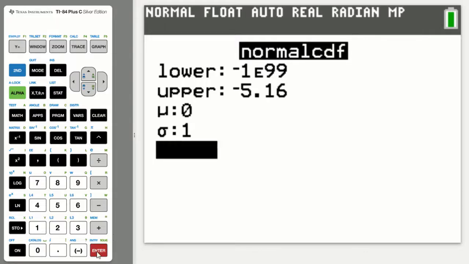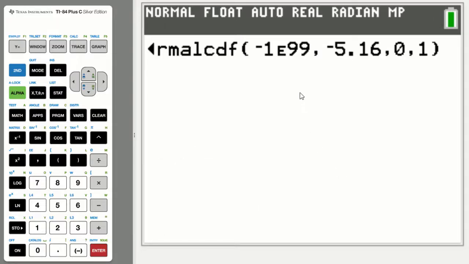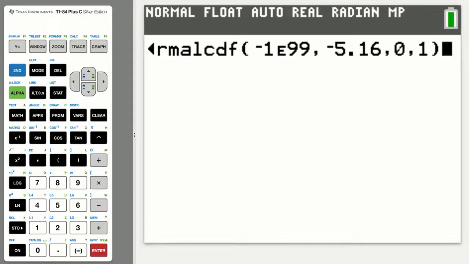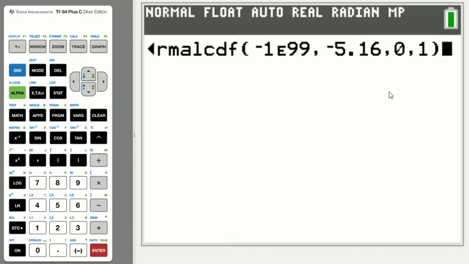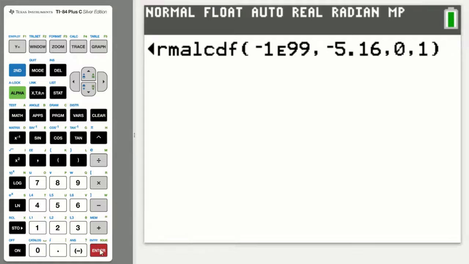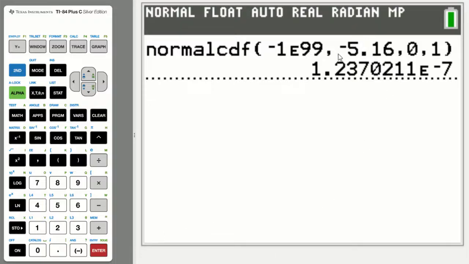We hit enter a few more times. For anyone using a TI-83, eventually you will type and complete your command just like that: the normal CDF command, then the lower end with a comma, then the upper end with a comma, and the mu and sigma values. Now we hit enter. This is the final p-value that the calculator has given us.